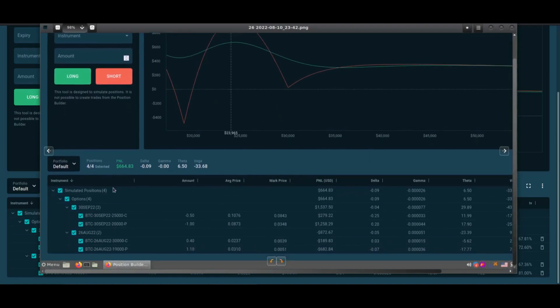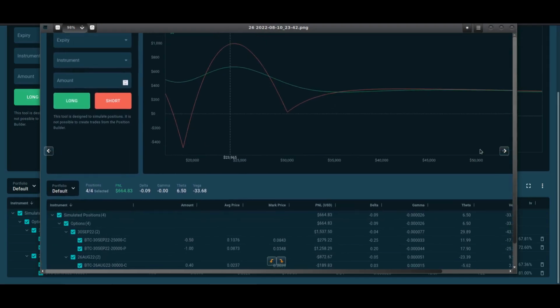So in case the market provides such profit, we have to take it.